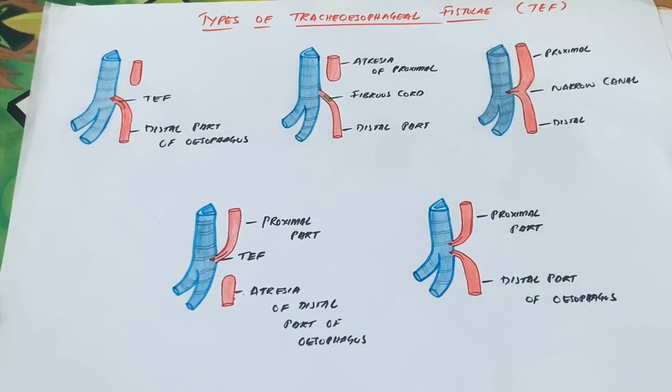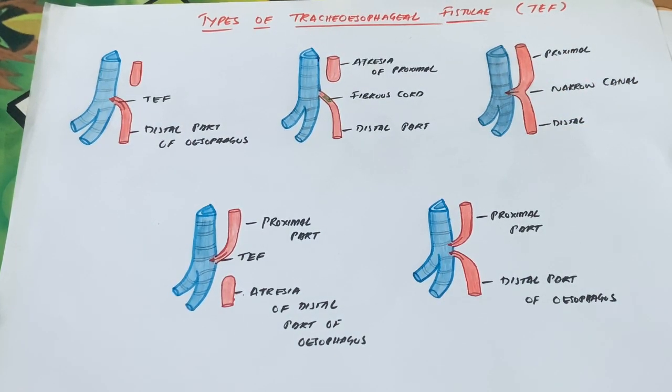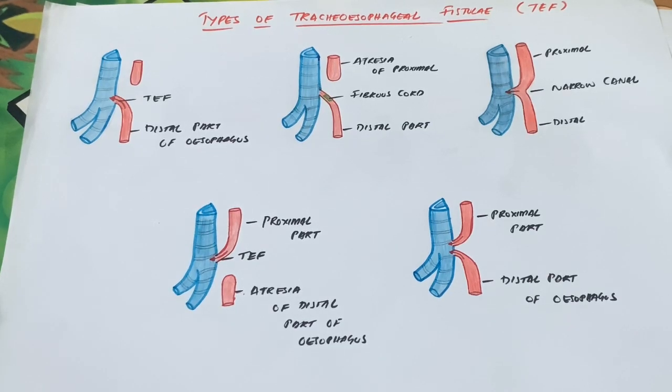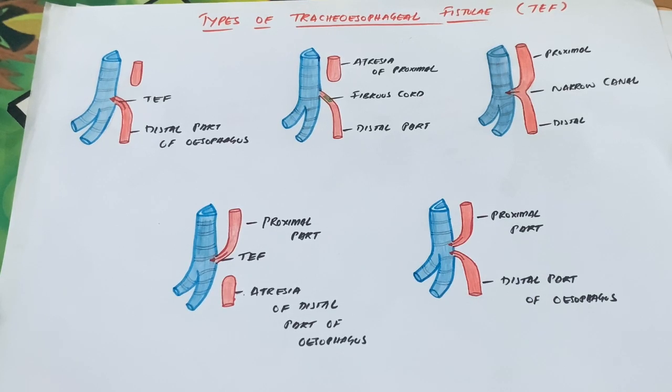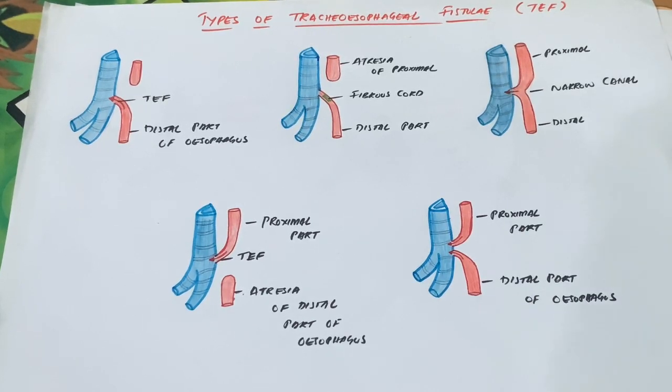These are a few congenital anomalies of the trachea in development, and this communication established between the trachea and esophagus is called a tracheoesophageal fistula.